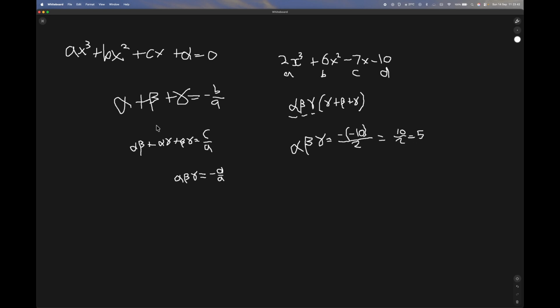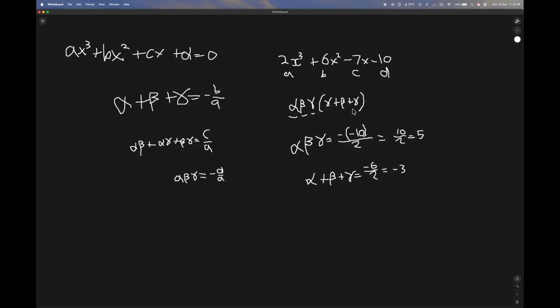Okay, and alpha plus beta plus gamma is equal to negative b, which is negative 6 on 2, which is equal to negative 3.